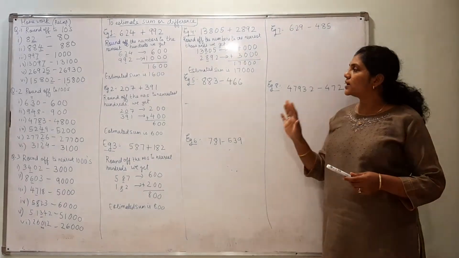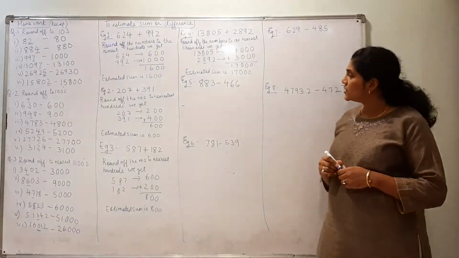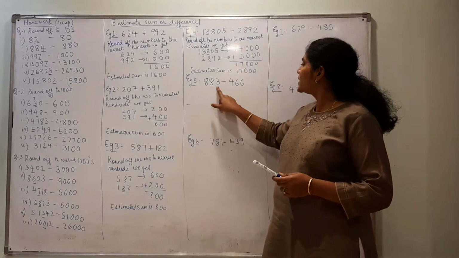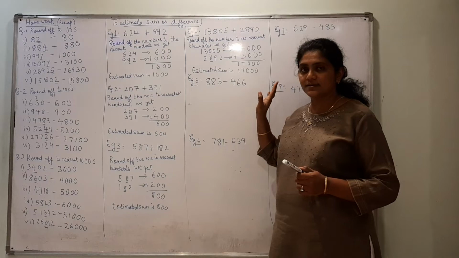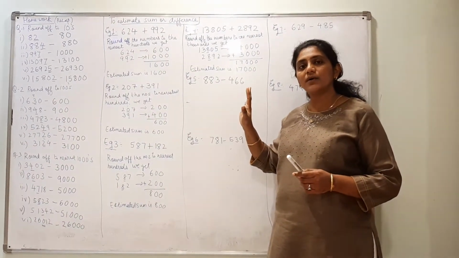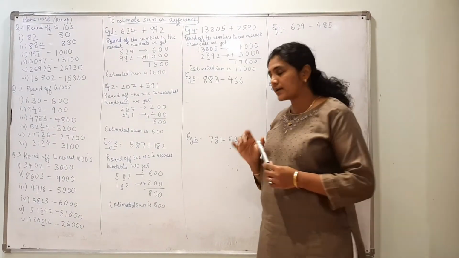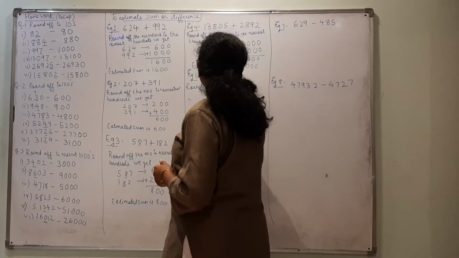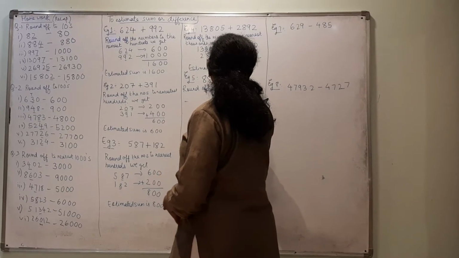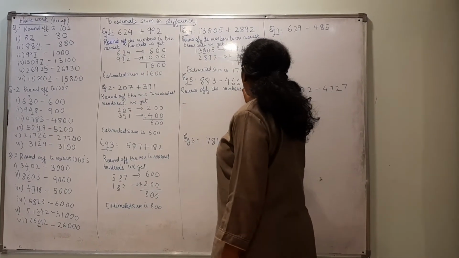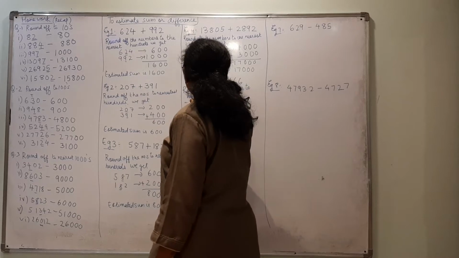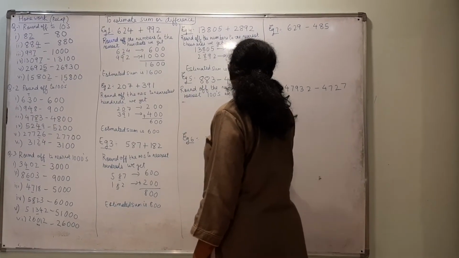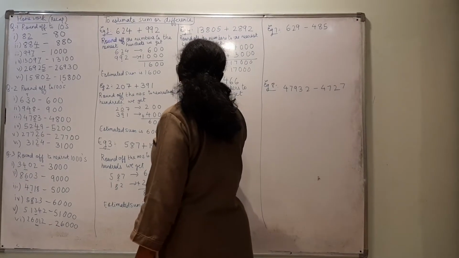Now similarly subtraction. The procedure is the same. Now 883 minus 466. 3 digits, at most round it off to 100. So round off the numbers to the nearest hundreds, we get 883.